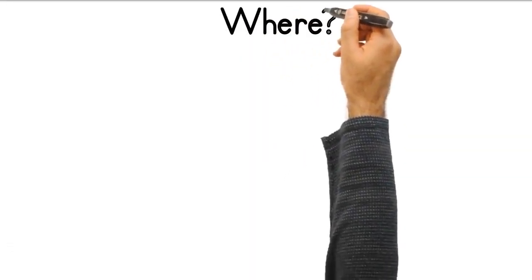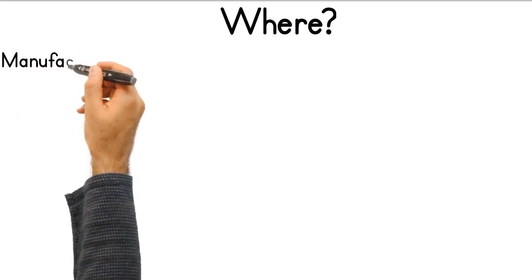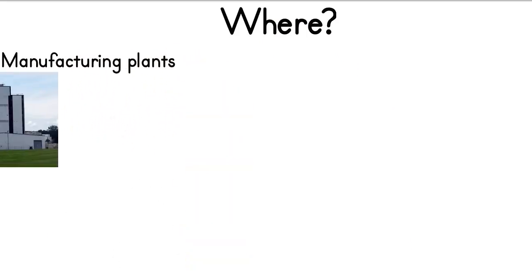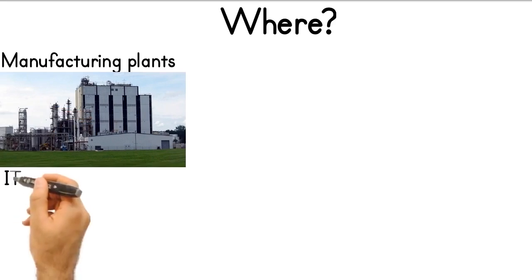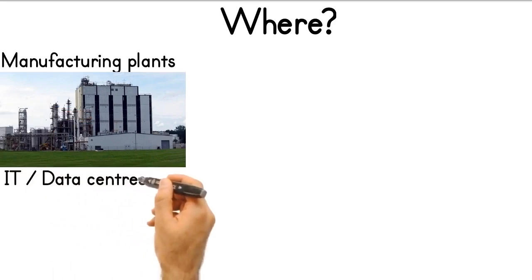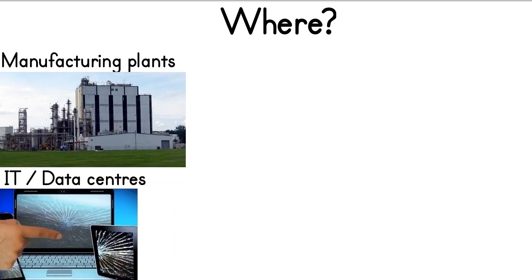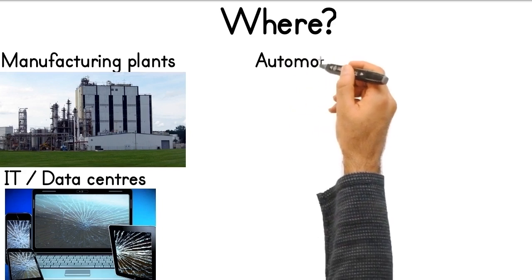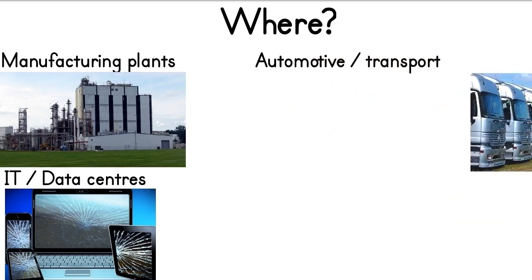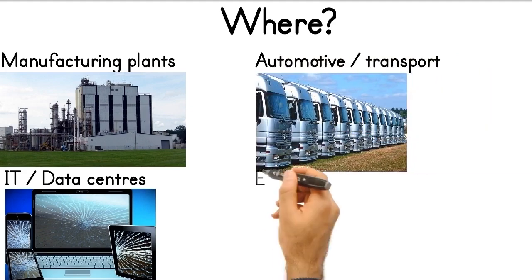Where is MTTR measured and used? Manufacturing plants. In industrial settings where machinery and equipment are essential for production, MTTR is crucial in measuring repair efficiency. IT and data centers. In sectors reliant on servers, networking systems, and hardware, MTTR is used to monitor the downtime and repair effectiveness of IT infrastructure.